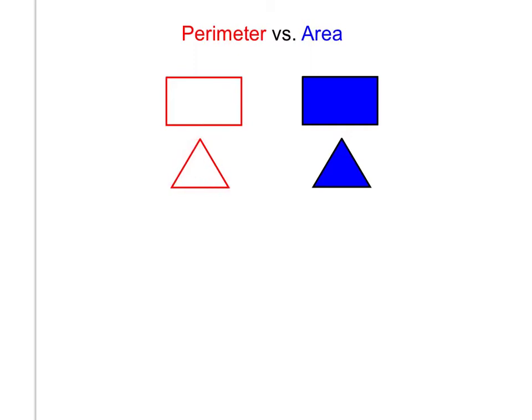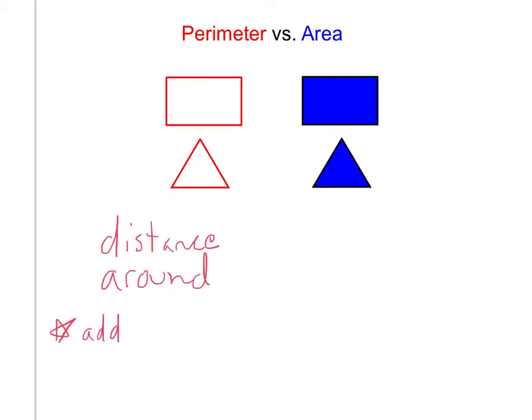The perimeter is the distance around an object, and we find it, this is important, by adding up all the sides. So perimeter, the distance around an object, we find it by adding up all the sides.